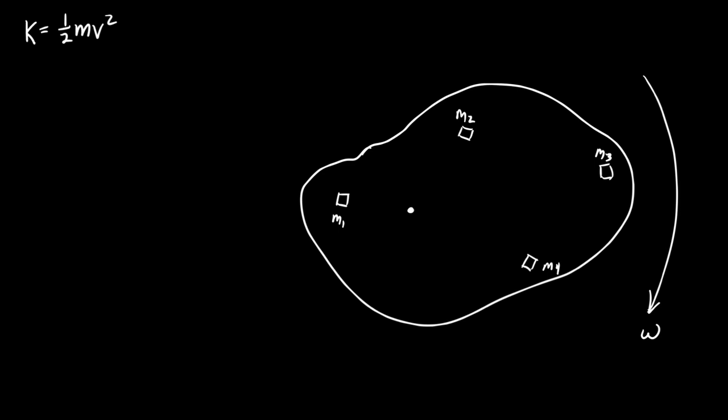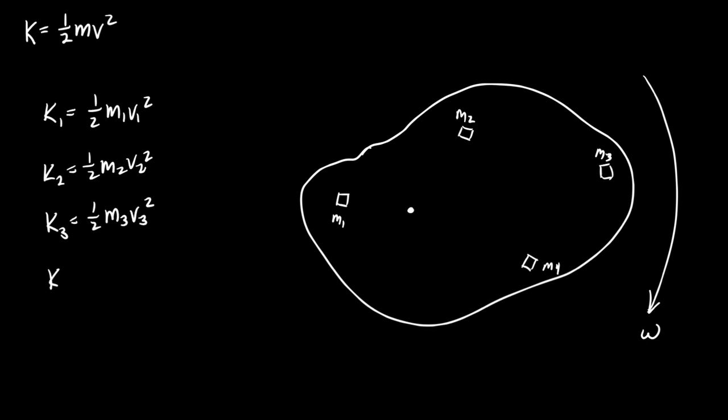So each of these 4 pieces has its own amount of kinetic energy. Piece 1 would be 1/2 m1 v1 squared. And piece 2 would be 1/2 m2 v2 squared. And piece 3, 1/2 m3 v3 squared. And piece 4, 1/2 m4 v4 squared. 4 individual pieces of the object.